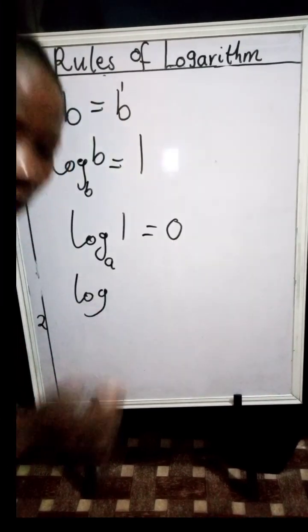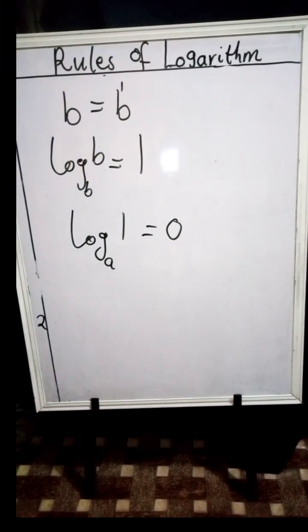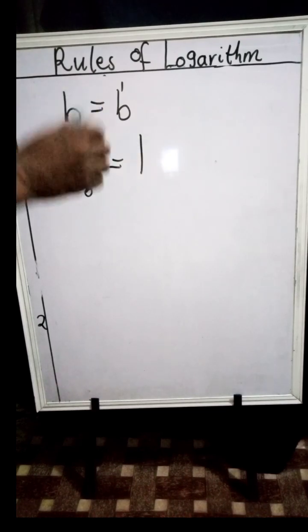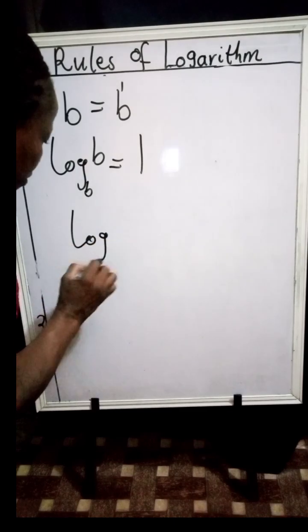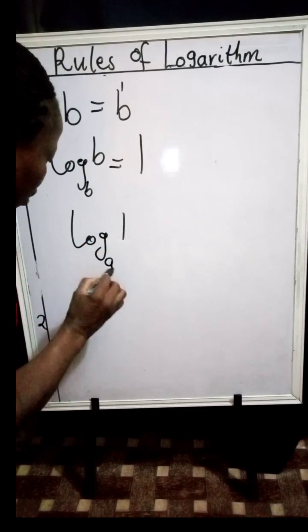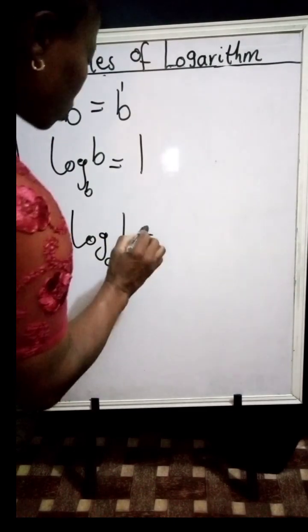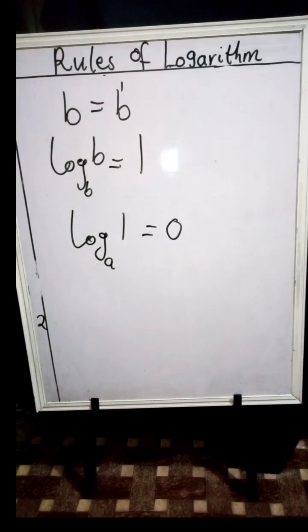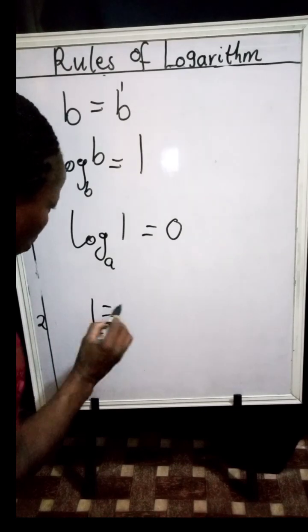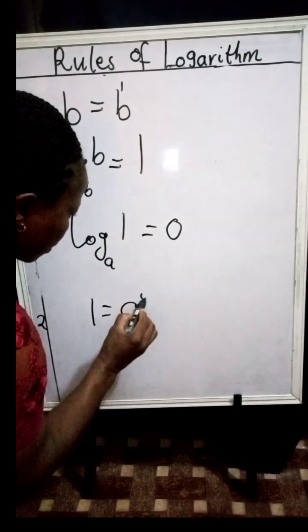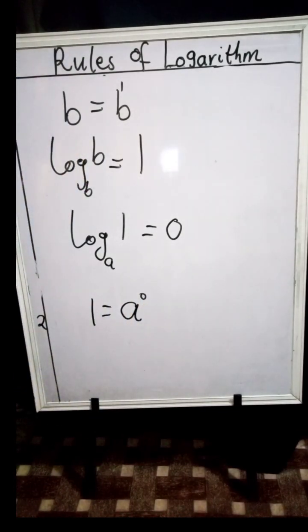And the logarithm of 1 to any base is 0. That is the fifth rule of logarithm: logarithm of 1 to any base, call it a, is equal to 0. And if we change this to index form, we will find out that this is the same thing as 1 is equal to a to power 0, which is 1. I hope this is okay.